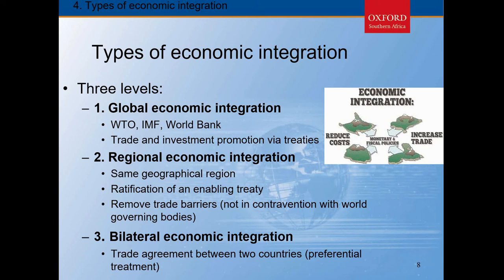However, the IMF and the World Bank are influenced to a large degree by the United States and by the EU, which has certain implications for so-called free trade between countries. But I will touch on that again just now.